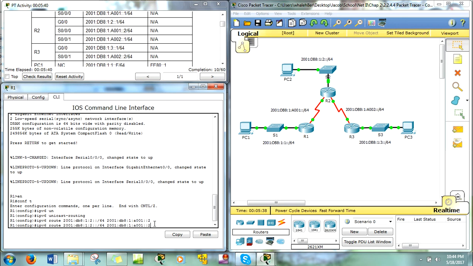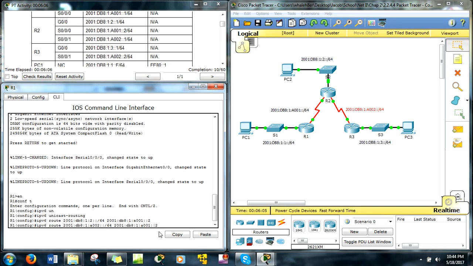Yay! What is the next network we don't know about from R1? That's that guy right there. So we're going to go back over to the network portion over here. 2001, yep, that matches. DB8, that matches too. 1, yep. 2, we have an A0002 on the network portion.